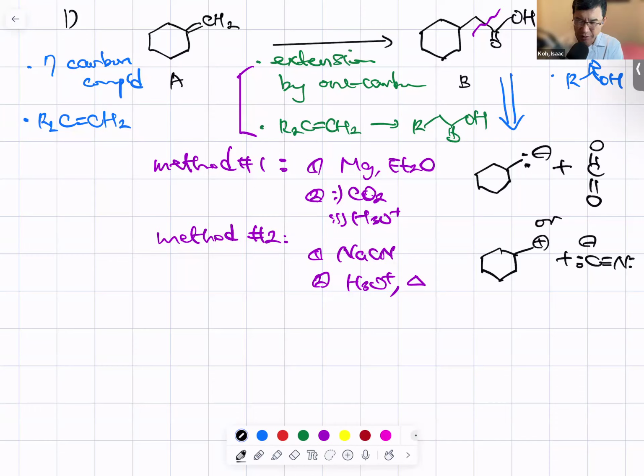Two different methods are available. Okay, so let's do method 1.